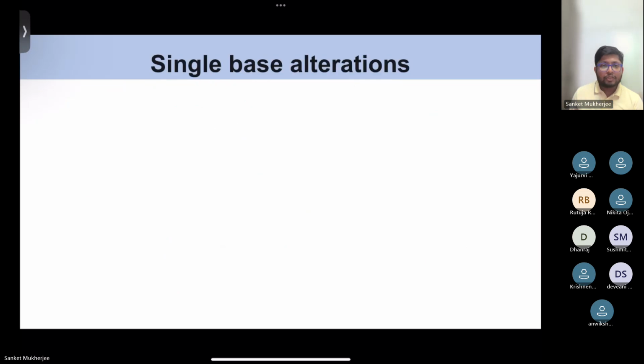Now, talking about these kinds of damages, there could be single base alterations, or more than one base altered. What kind of damages are here? In case of single base alteration, the first type is depurination. In this case, the purine is removed.